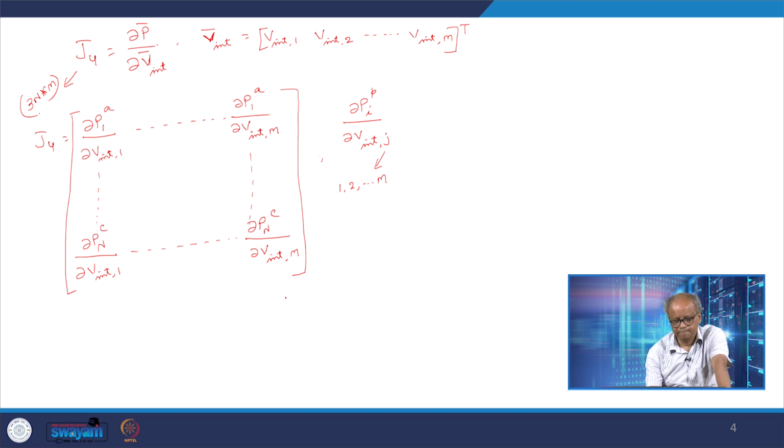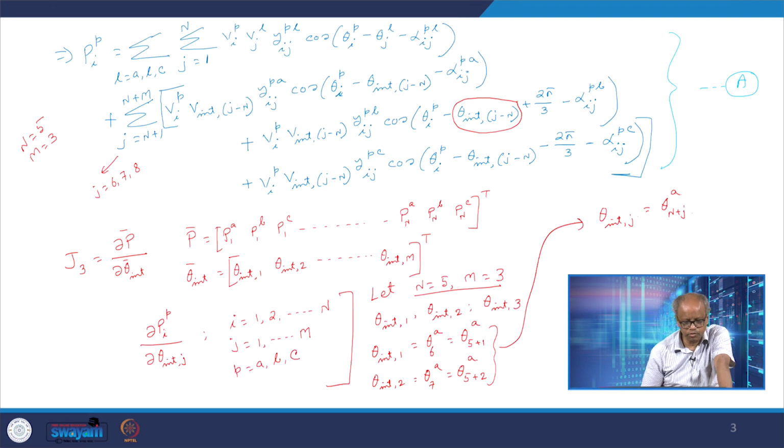I is of course taking the values of 1, 2, 3, 4 up to n, p is taking the values of a, b, c, and j is taking the values of 1 to m. So it would be VIP, then V internal j would not be there because we are doing the derivative with respect to it.